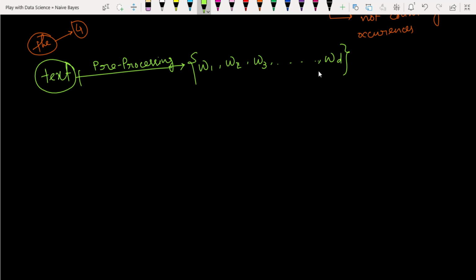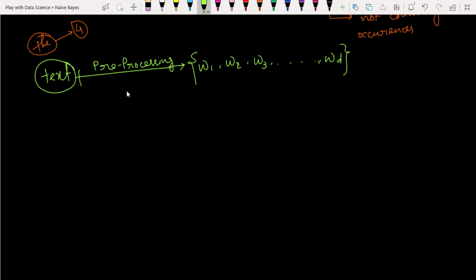Now the main thing is that for this text we are interested in finding whether it is class 1, which means positive, or class 0, which means negative.